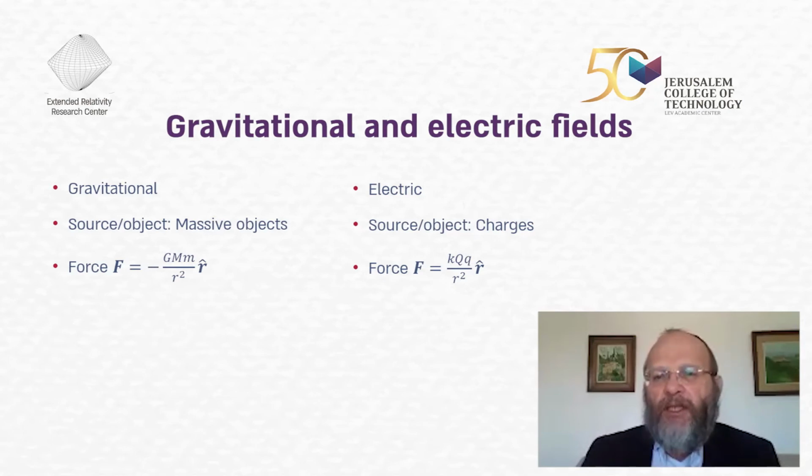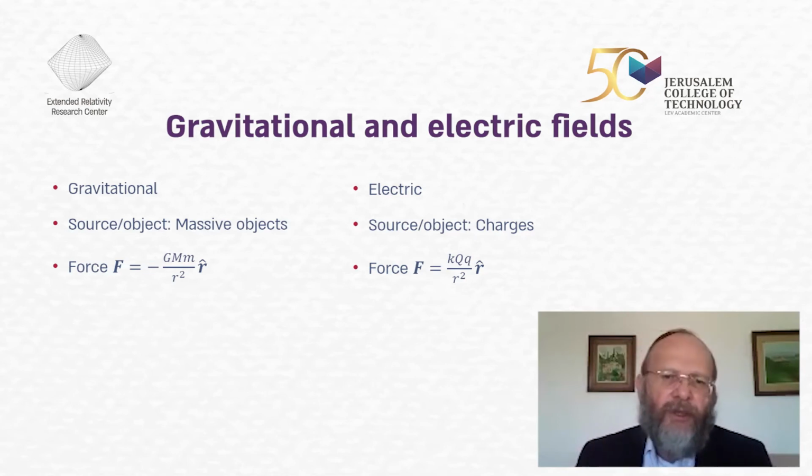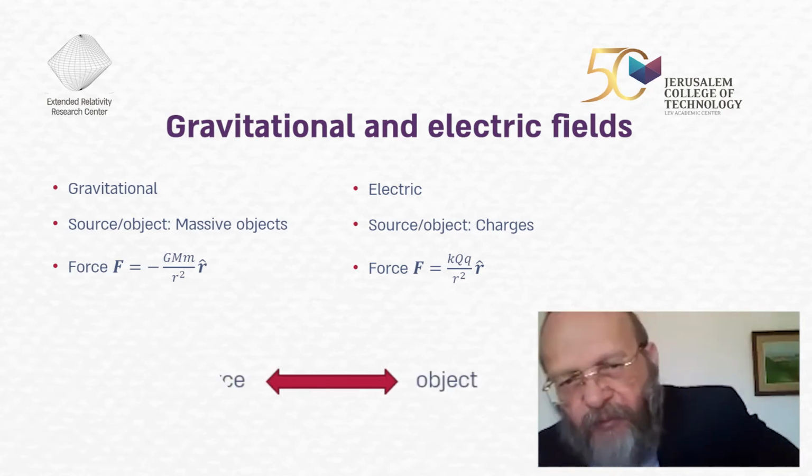Capital Q is the charge of the source, small q is the charge of the object, and r is the distance, r hat is the unit vector. Here we didn't put a minus, a small convention in the way you choose the q's.